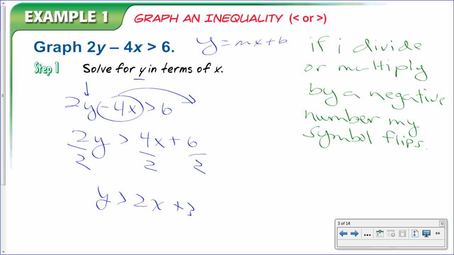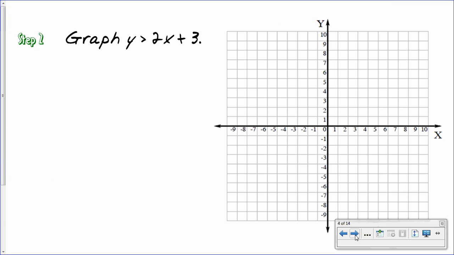Pretty simple, yeah. So let's graph it then. One thing that you need to do first is identify. Okay, is it a dashed or a solid line? Dashed. I'm going to come over here to my next slide. Where do I start, guys?